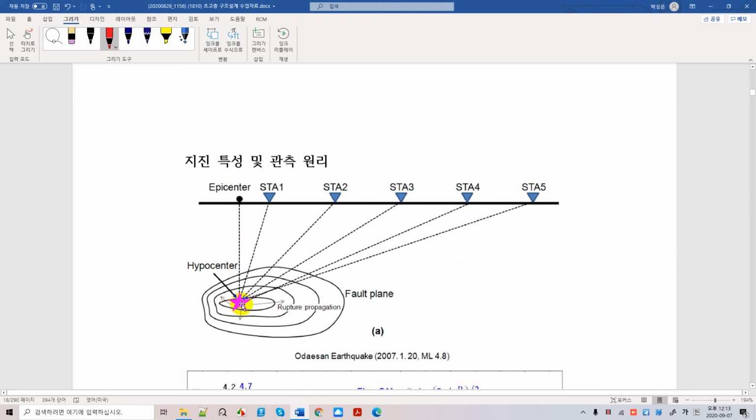So the origin of the earthquake in the earth is called the hypocenter, and the point on the earth's surface is called the epicenter. We have stations over there. The P wave travels first, followed by the S wave, the shear wave or secondary wave.